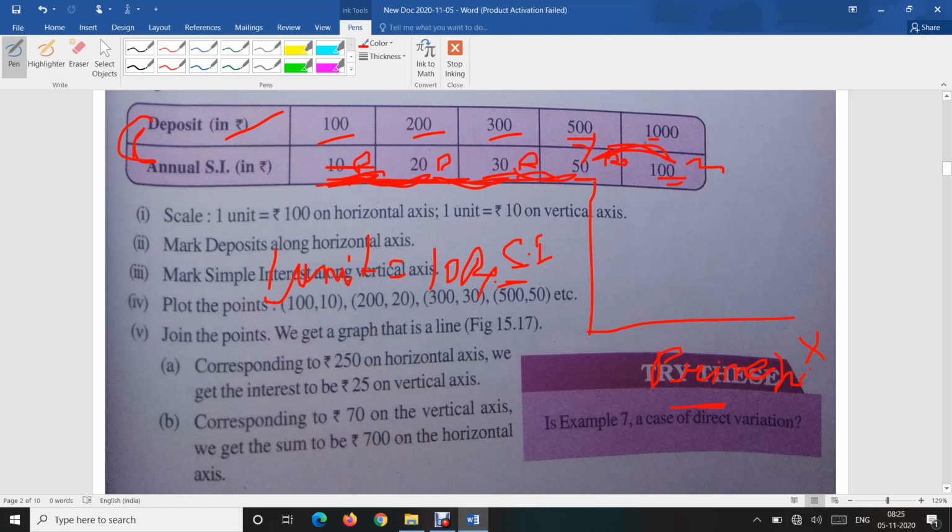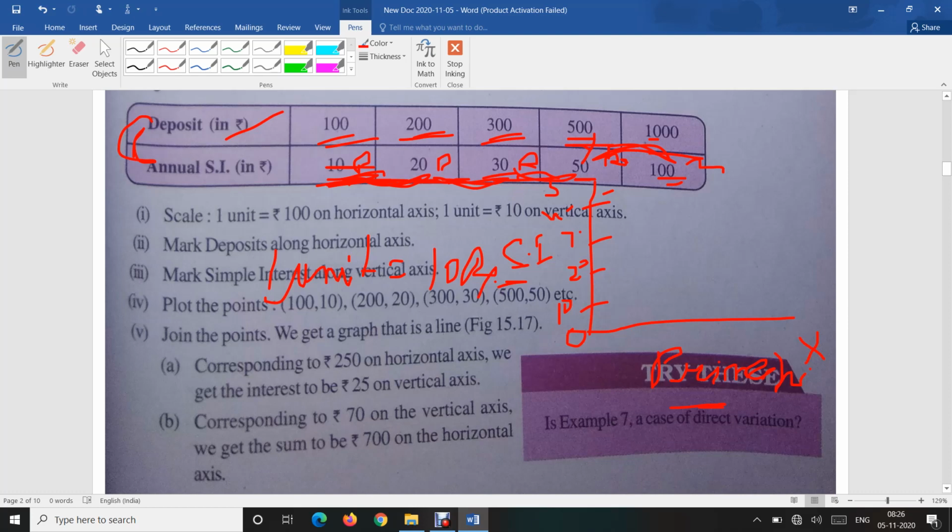Okay, so on the y-axis you can take 0, 10, 20, 30, 40, 50, 60, 70, 80, 90 and 100. And on the x-axis you have 100, 200, 300, 500 and 1000.